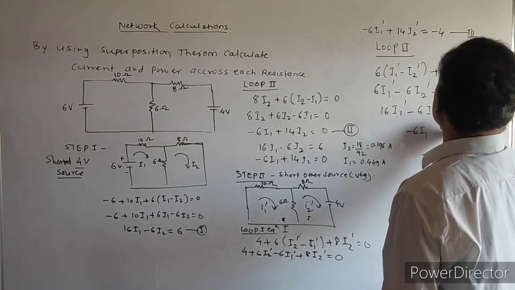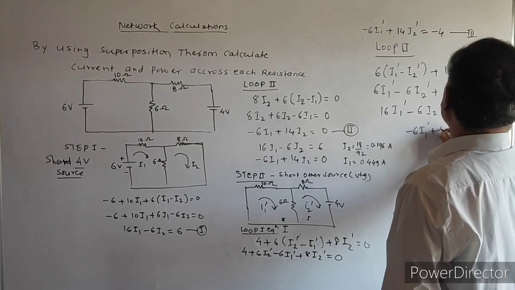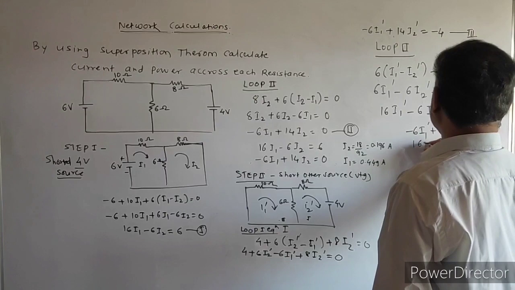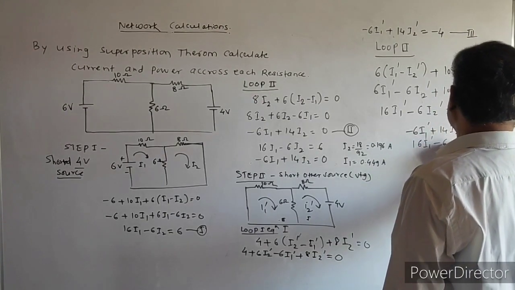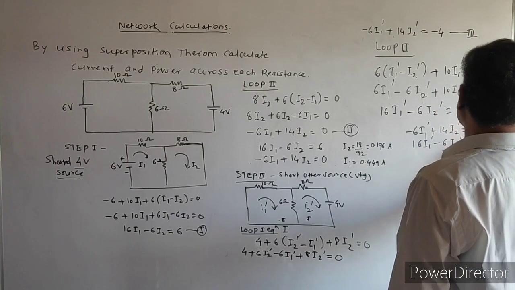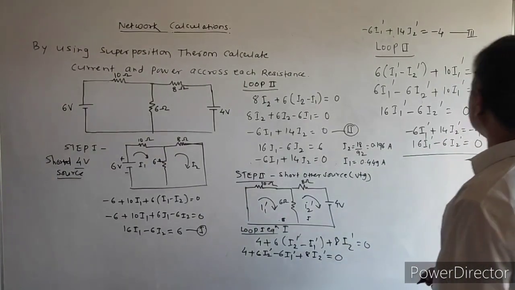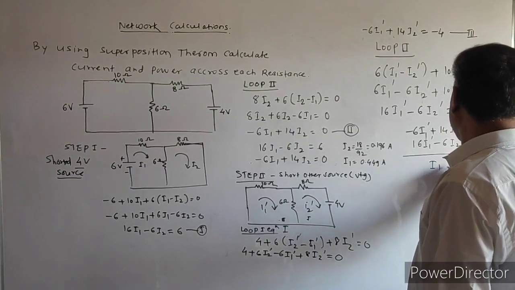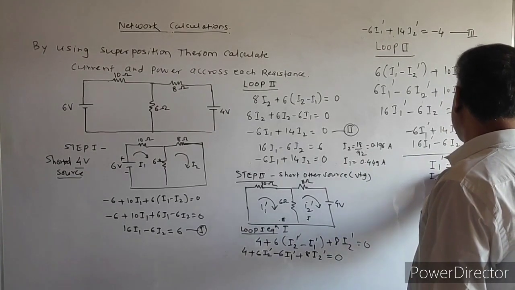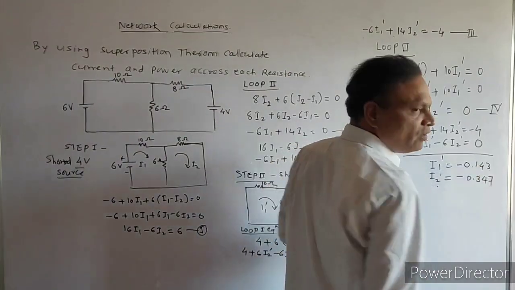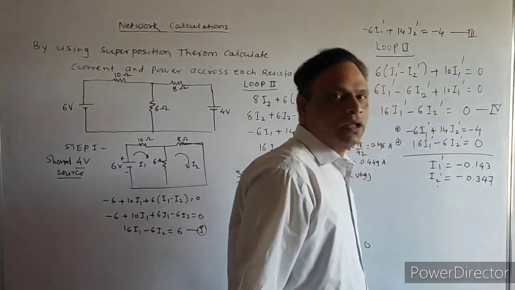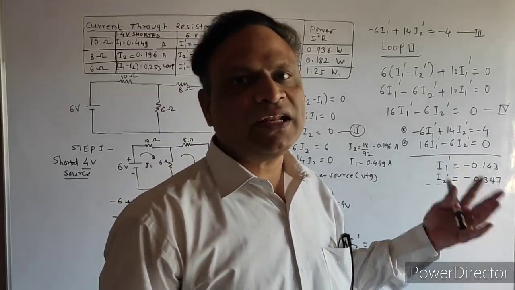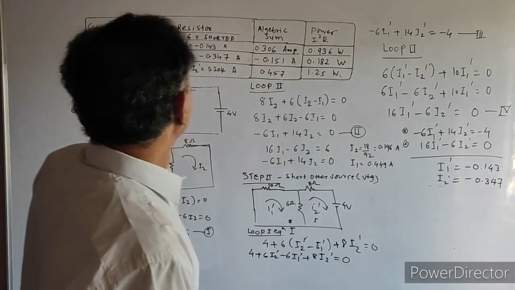So 6I1 dash plus 14I2 dash is equal to minus 4, and 16I1 dash minus 6I2 dash is equal to 0. We will solve these equations and get I1 dash as minus 0.143 and I2 dash as minus 0.347.